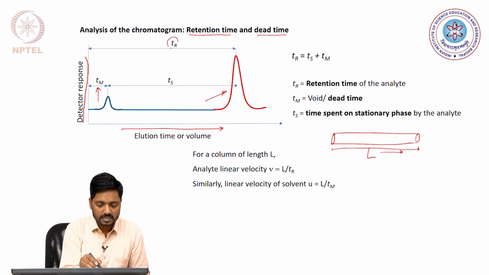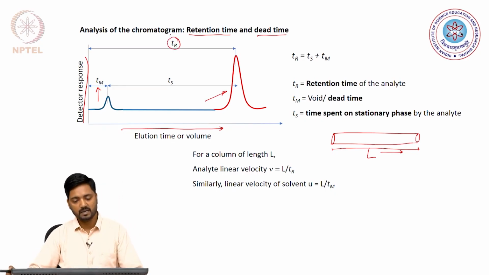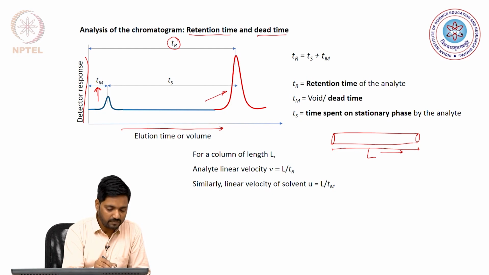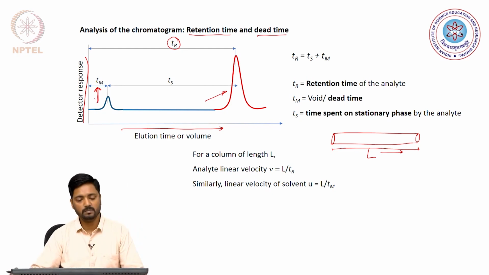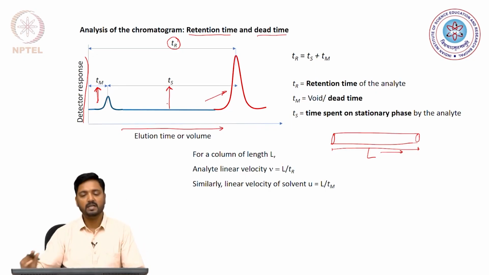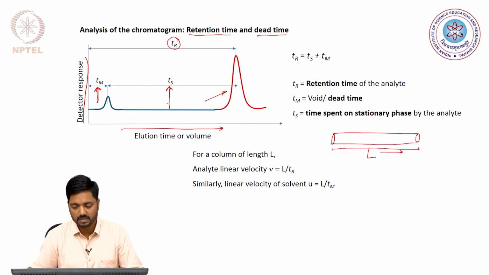So, essentially this retention time T r is composed of two components. One of course, is the time that the mobile phase takes to come out of the column, which is the T m, and there is an additional time that our solute is spending inside the column, which is known as the T s, or the time that the analyte is spending on the stationary phase.